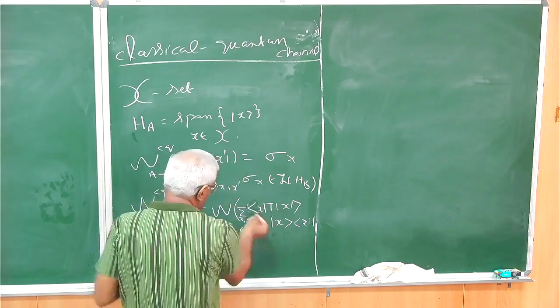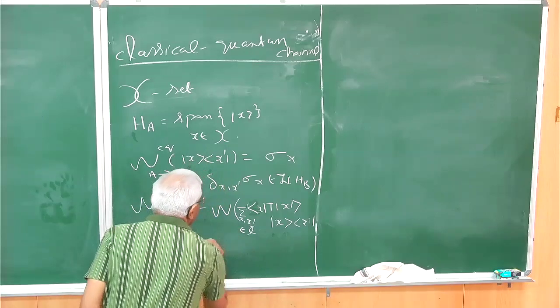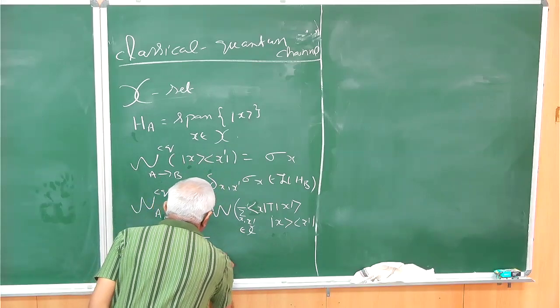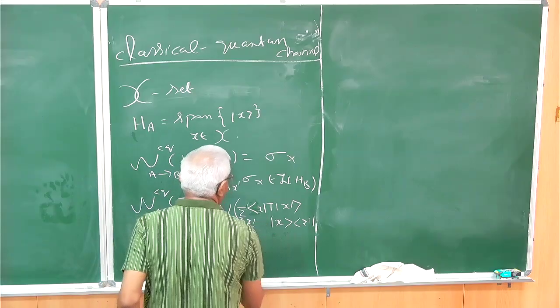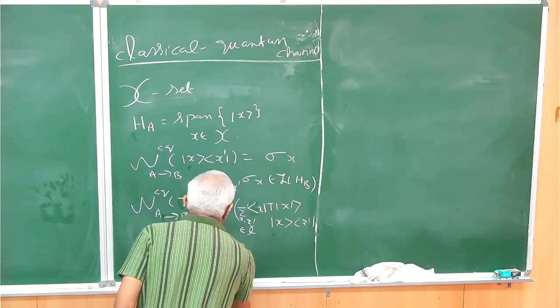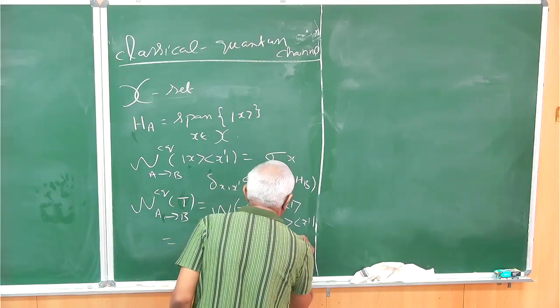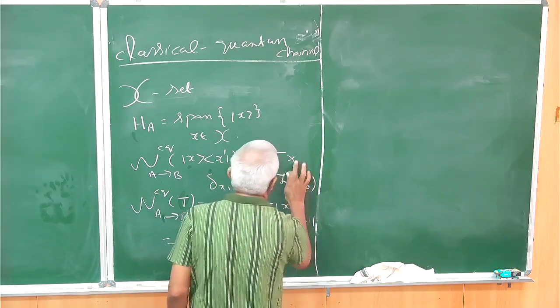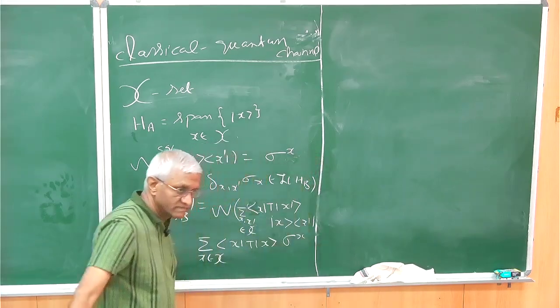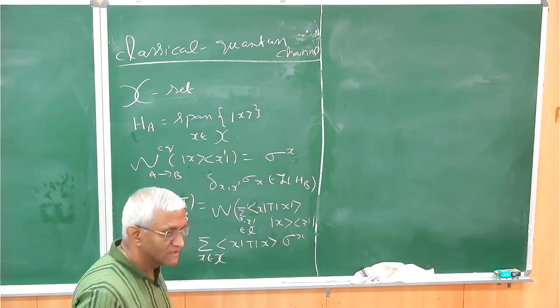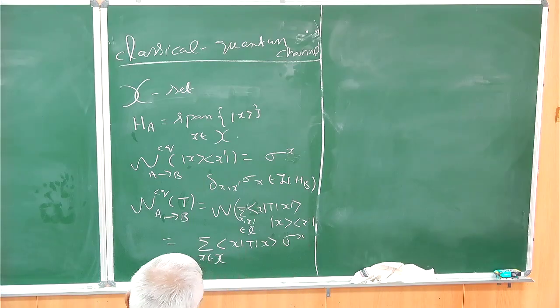So this is just going to be the summation over x of T_{xx} sigma_x. That's all. So this is the classical quantum channel.